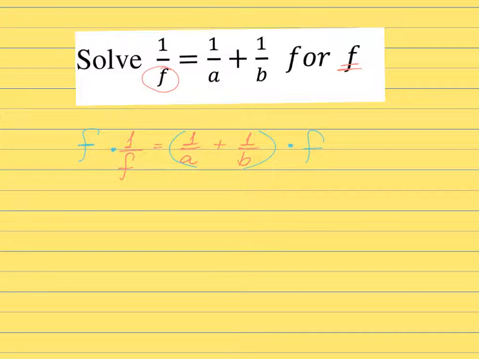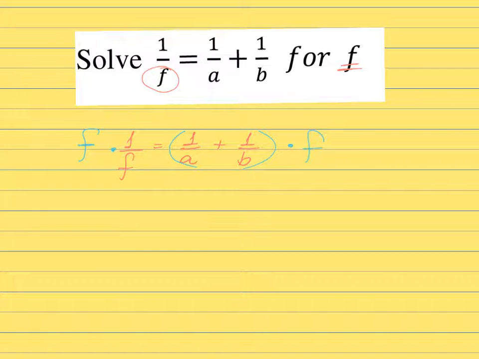But when I'm multiplying by F to get rid of the F, since the F is in my denominator, so the F was dividing, I'm gonna put that on the other side, multiplying. Either way, I'm putting that in my numerator.